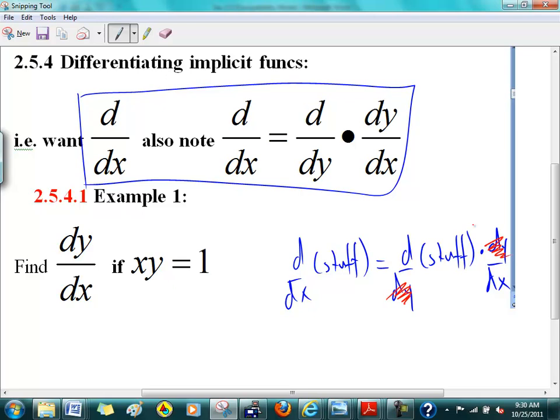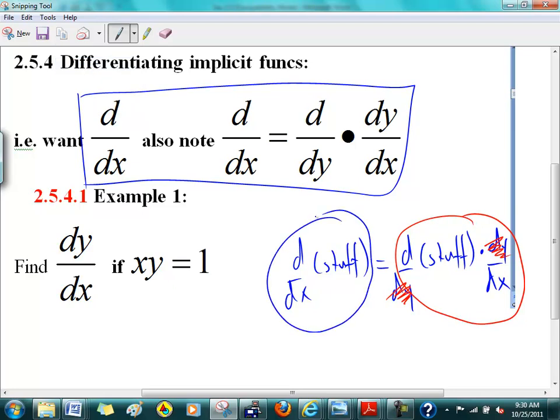So on the right hand side you get d by dx of stuff, and on the left hand side you get d by dx of stuff. So this looks totally legit, because the right hand side looks like the left hand side. So it's totally a legal way of doing things.